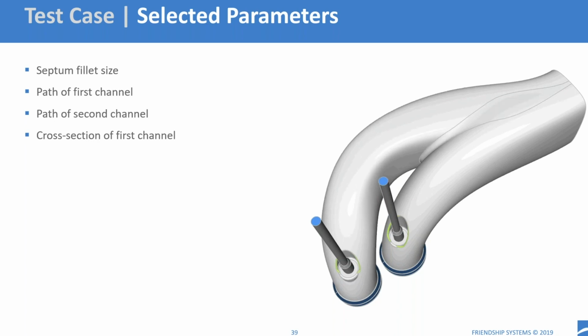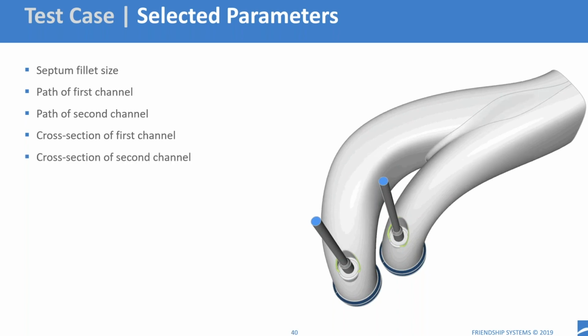And then we have here a parameter which acts on the cross-section of the first channel. So basically, this parameter here is making it larger and smaller. And the same thing for the second channel.